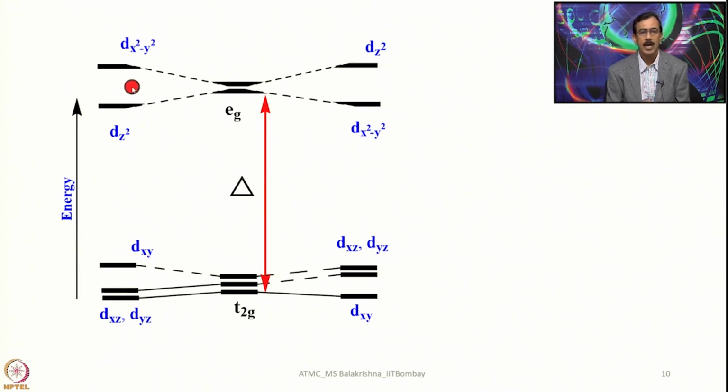As a result, they come a little closer to the metal ion compared to what we will see along the Z direction.